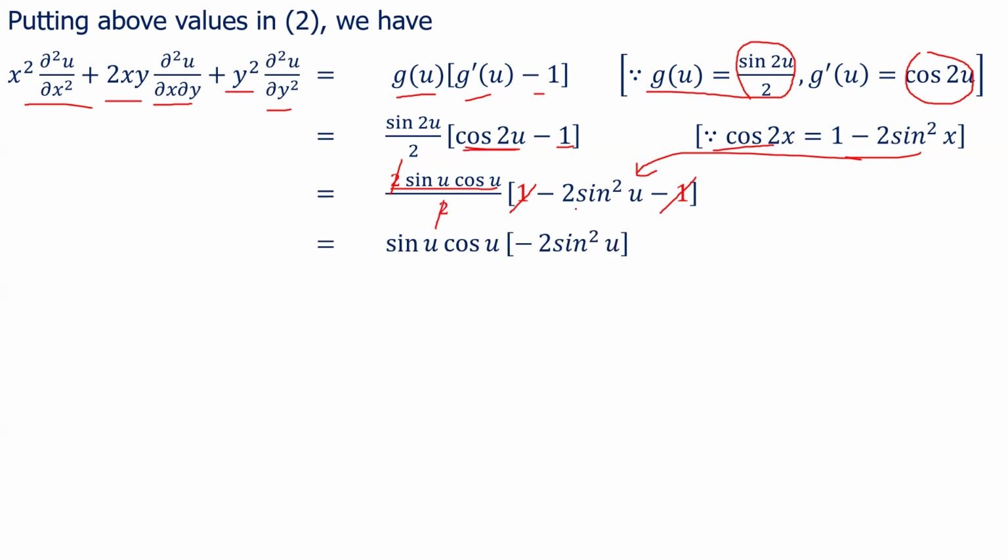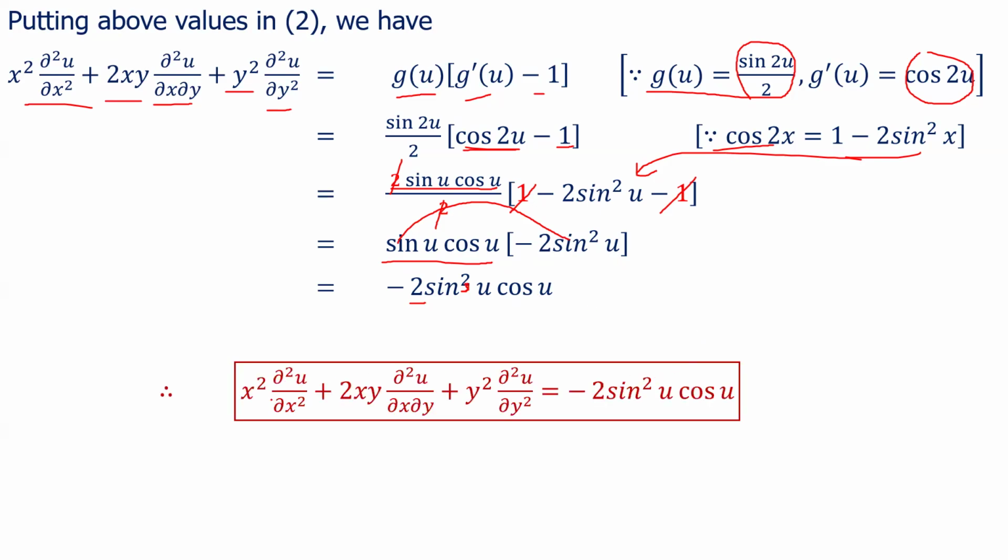This we simplified: sin u into cos u into minus 2 sin square u. If we open the bracket, minus 2 sin u into sin square u is sin cube u, not square, it is cube, into cos u.